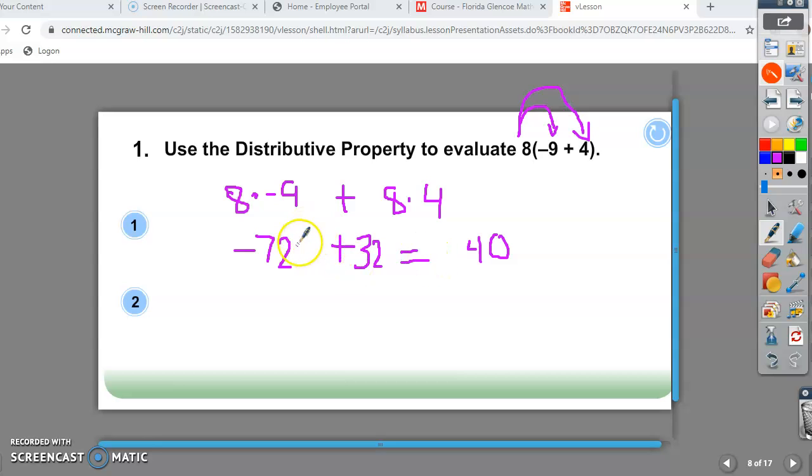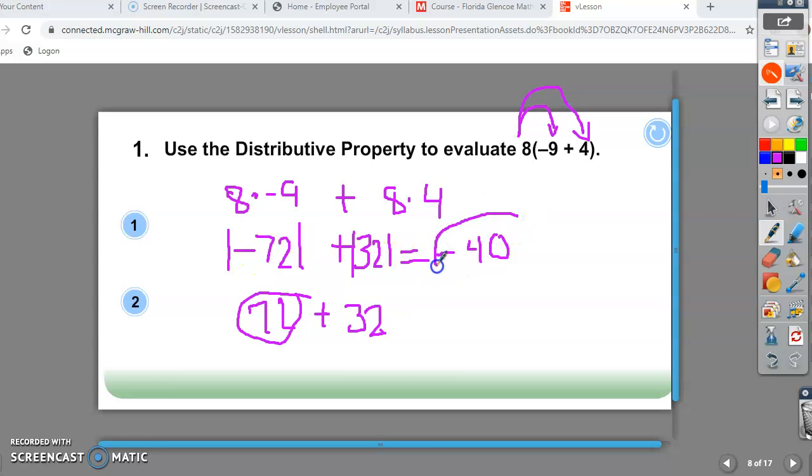The absolute value of negative 72 is 72, and the absolute value of 32 is positive 32. Now, 72 is greater and 72 has a negative sign. Therefore, my answer here is negative 40.